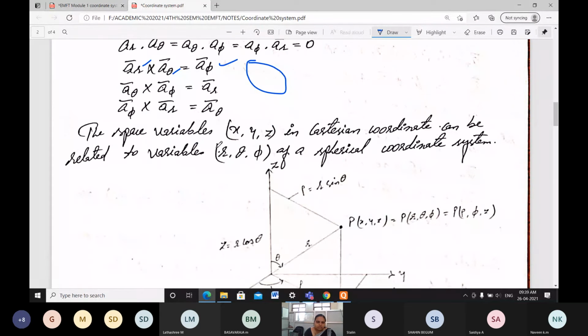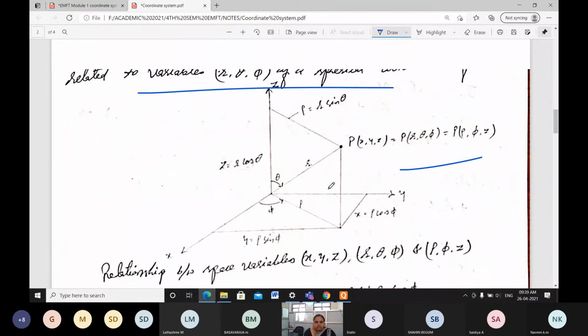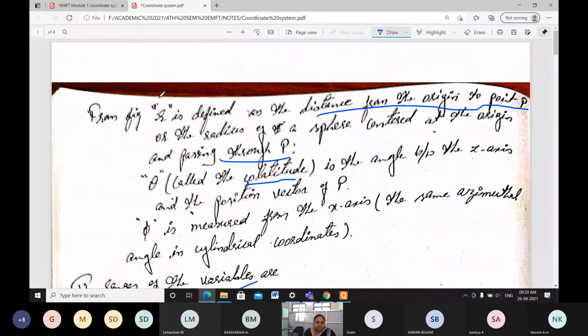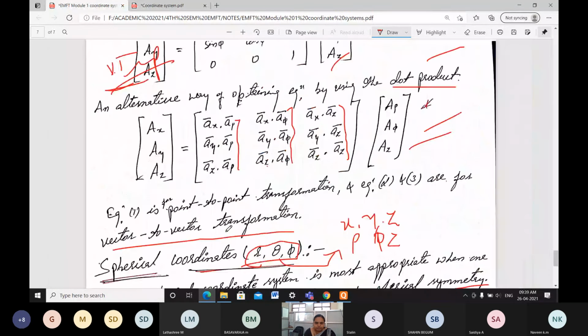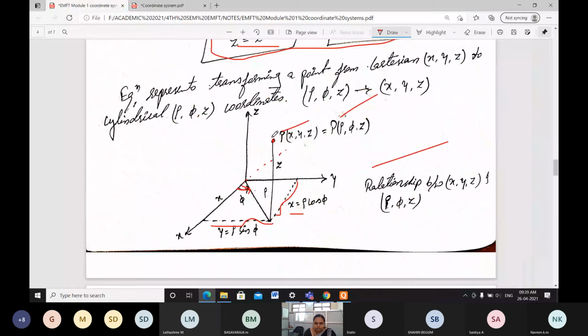Then the relationship between the Cartesian coordinate system and the spherical coordinate system is represented in the figure. Observe, in the cylindrical coordinate system we just represented a point, and we only wanted rho and phi, with z remaining the same.